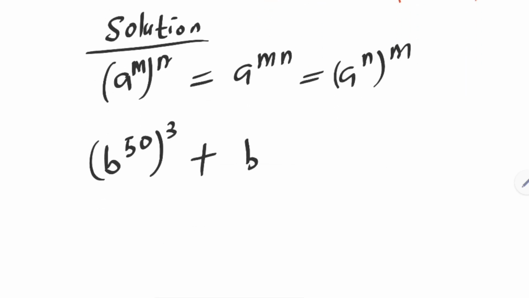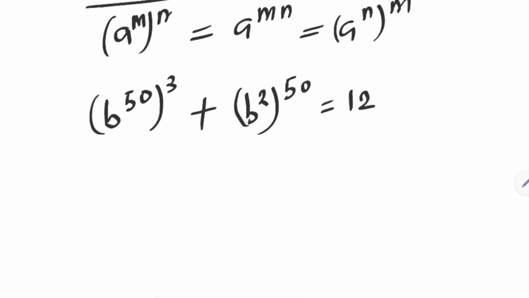b squared raised to the power of 50 is equal to 12. Let b raised to power 50 is equal to a.